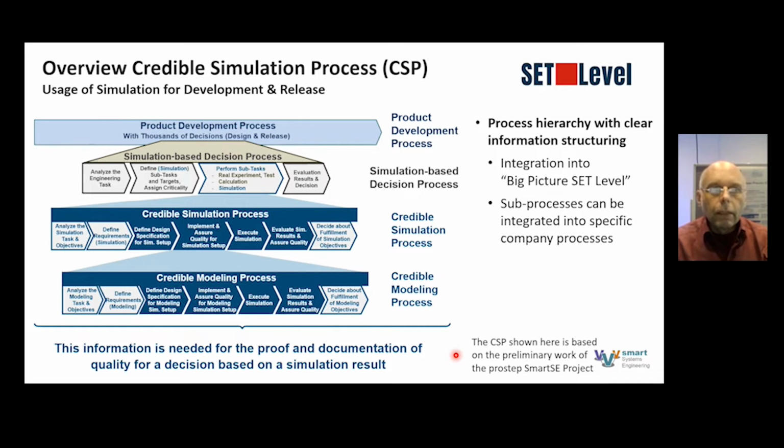So it's not necessary that a company changes everything, because the upper-level process structure is normally already available, and you can use these sub-processes and integrate them easily into the specific company processes. In more detail, we will give a presentation tomorrow morning.